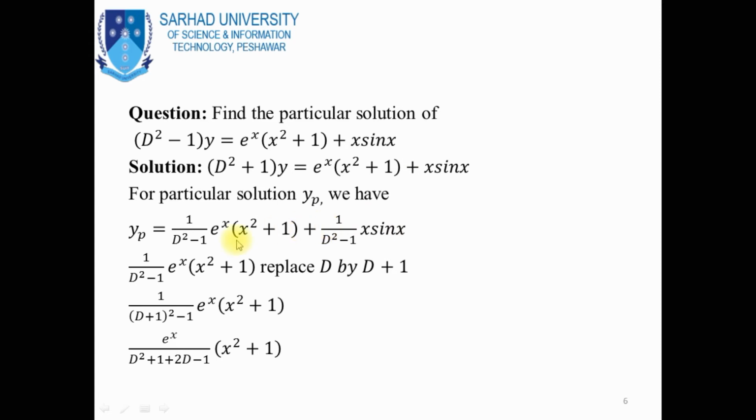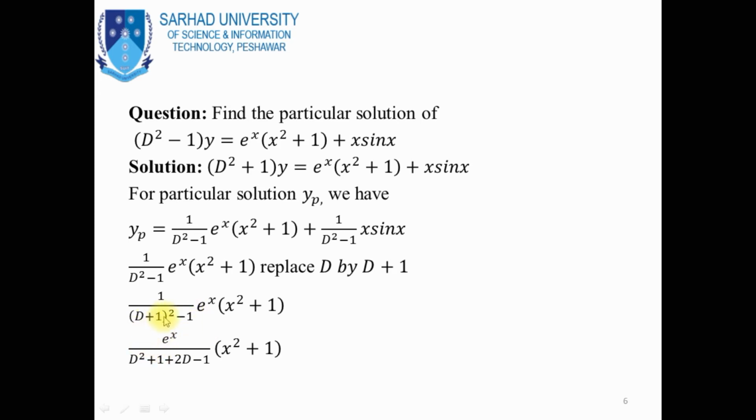Now 1 over D square plus 1 into e power x into (x square plus 1): replace this D by D plus 1 and take out e power x using the exponential shift theorem in this case. So D square becomes (D plus 1) whole square plus 1, and take out e power x.